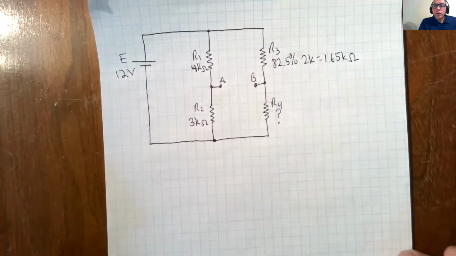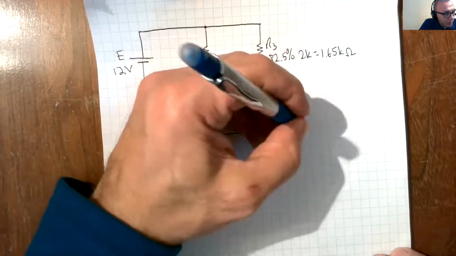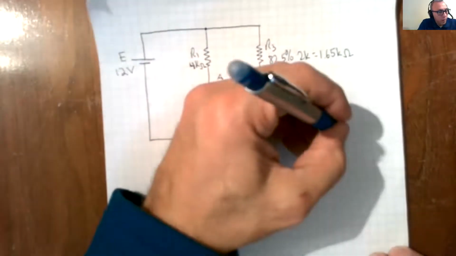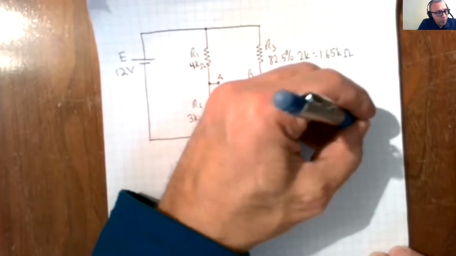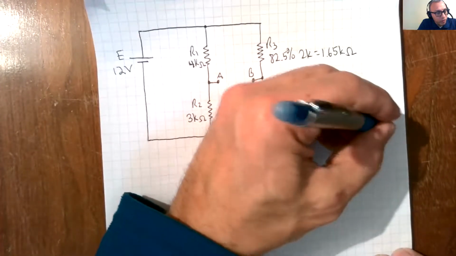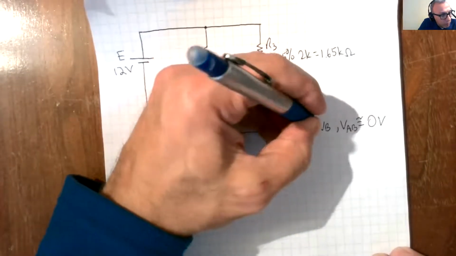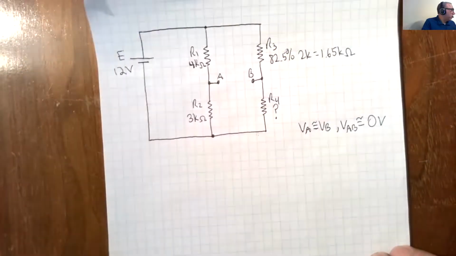All right, so we know from before that VA is equal to VB, and we know that VAB is almost 0. We can't say it was equal to 0, so we'll also say that these are approximate.